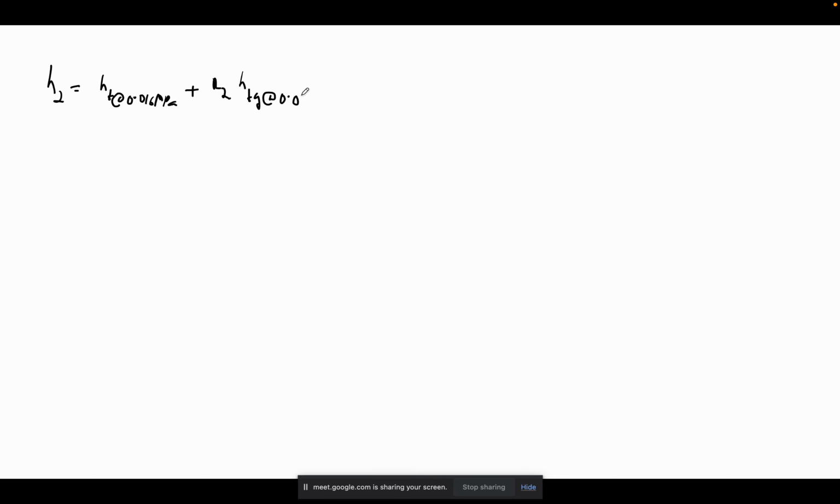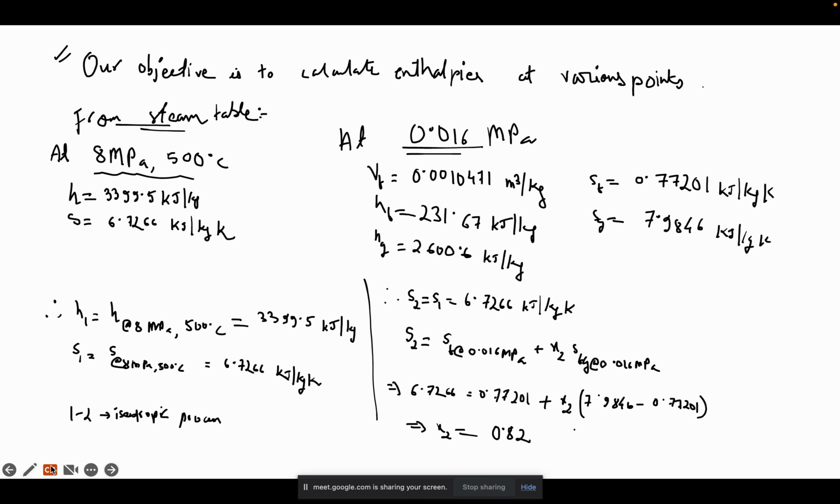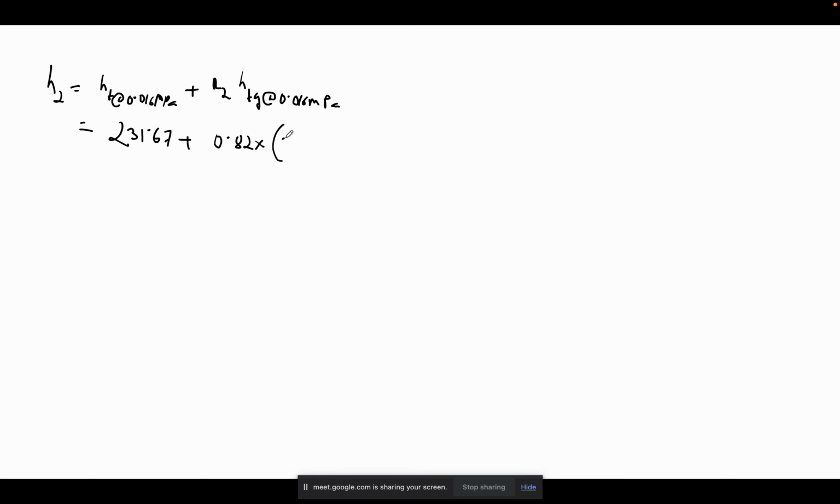From here I can calculate H2: HF is 231.67, and I already got x2, 0.82, times 2600.6 minus 231.67 kilojoule per kg.